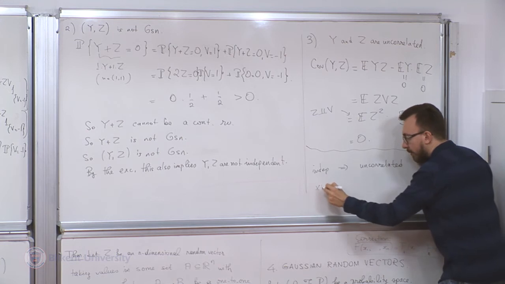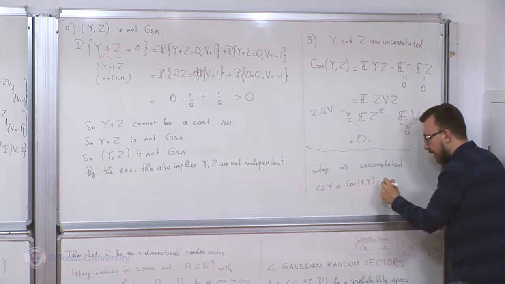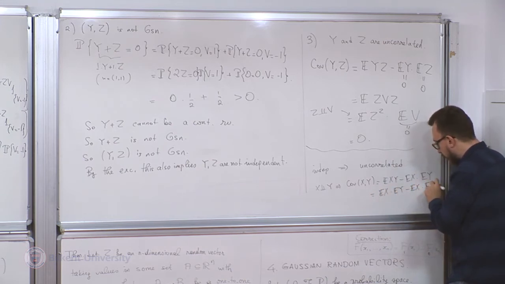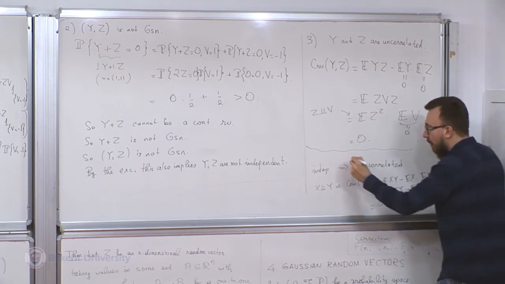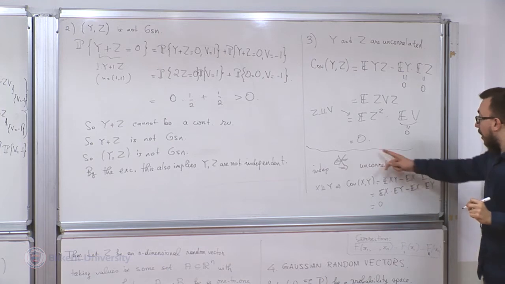Because if you have X and Y independent, then covariance XY is just expected value XY minus expected value X times expected value of Y. And this is the product by independence. So you get 0. Now we get a counterexample for the converse.